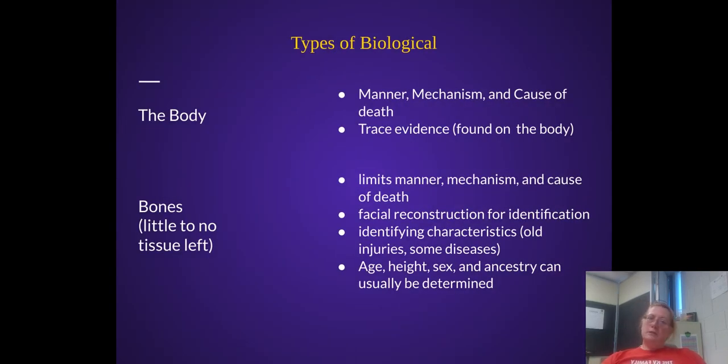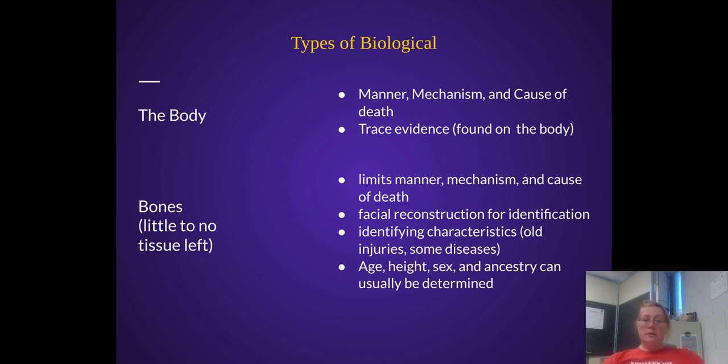More biological, of course, you have the body itself, which is going to give you how they died, when they died. Trace evidence is going to be on the body, which will then move it back to trace. Sometimes you only have the bones.